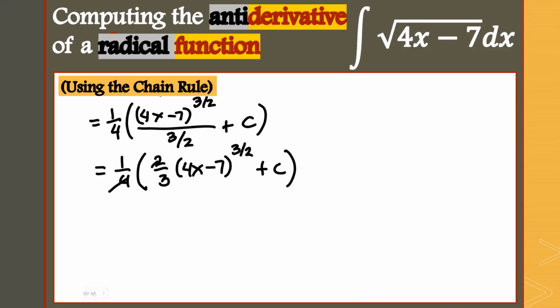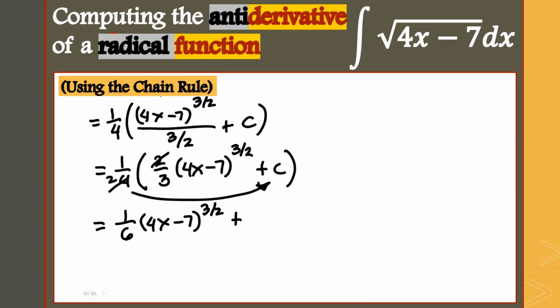Take note that you can do that. This becomes 2 over 12, or again, 1/6 times 4x minus 7 raised to 3 halves plus 1/4 c, as you multiply 1/4 to both terms. But then again, c is an arbitrary constant, so a singular c could suffice.